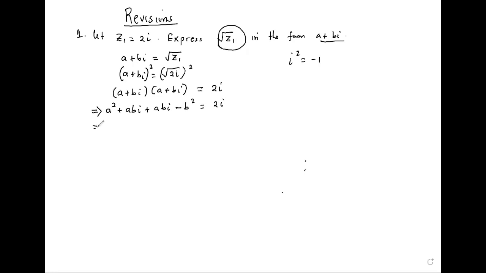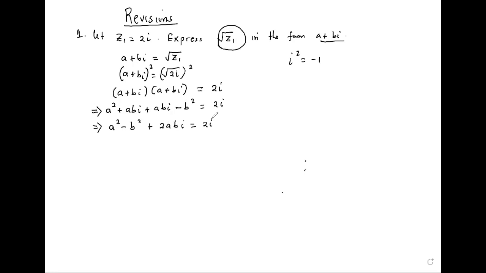Then we come back here and say, okay, we want to put the like terms together. So a squared minus b squared plus 2abi is equal to 2i.